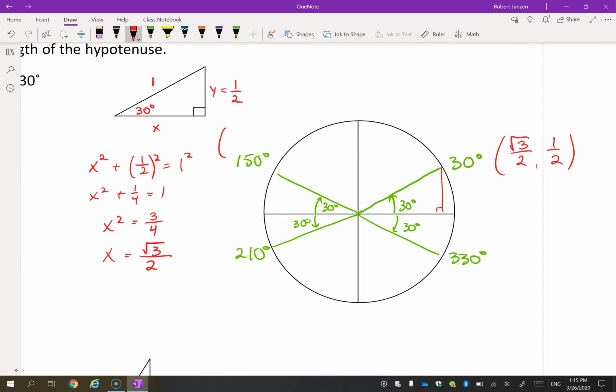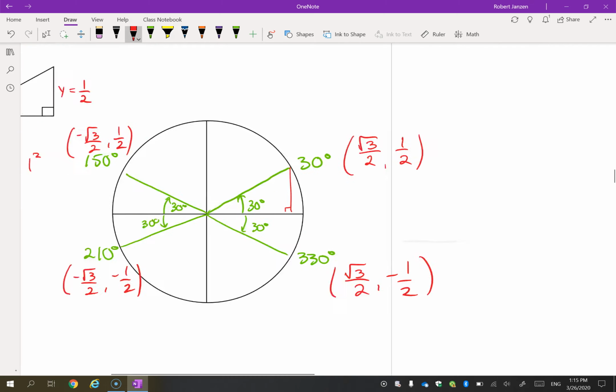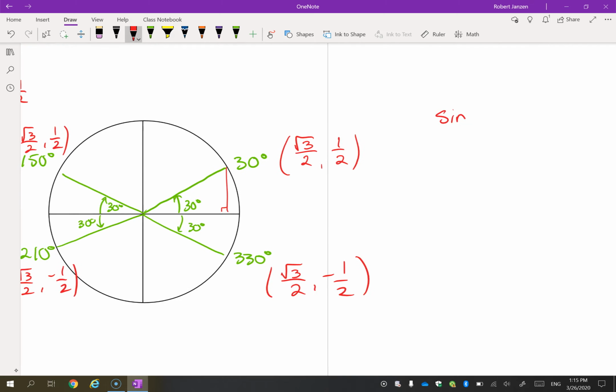Quadrant 2, exactly the same except cosine is negative. Quadrant 3, they are both negative. And quadrant 4, only sine is negative. Okay, so trying a question. What is sine of 30? It's a half. What's cos of 210? It's negative root 3 over 2. Okay, and tan, let's do 330.